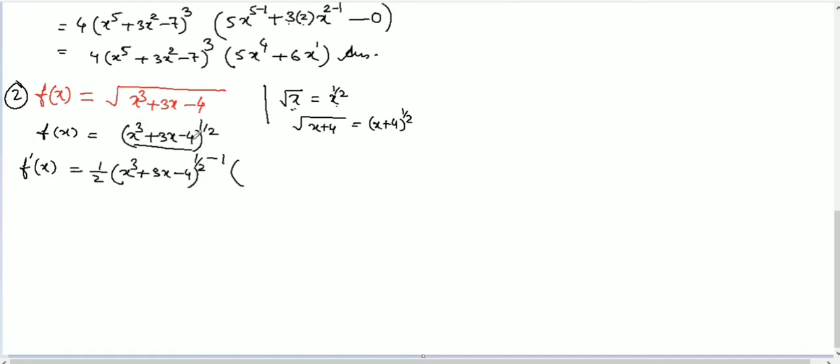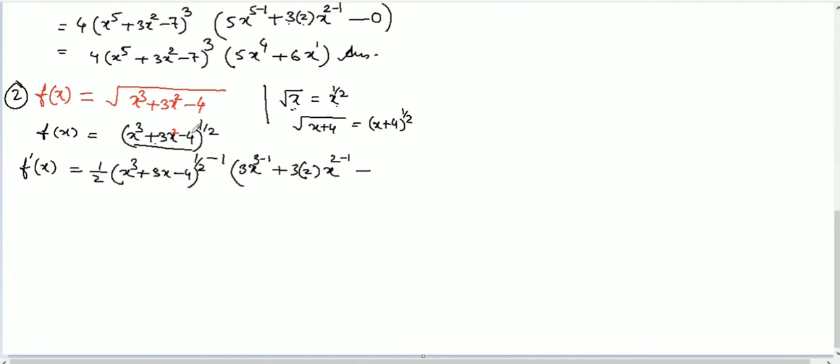So we are going to differentiate the inside function. Bring down the power here, so 3 will be in front of x: 3x to the power 3 minus 1. Now give a plus sign, plus 3x, and no power is here, so let's take the power 1 here. For x square, write down 3, and then 2 will come in front, multiplied by 3, and x to the power 2 minus 1.